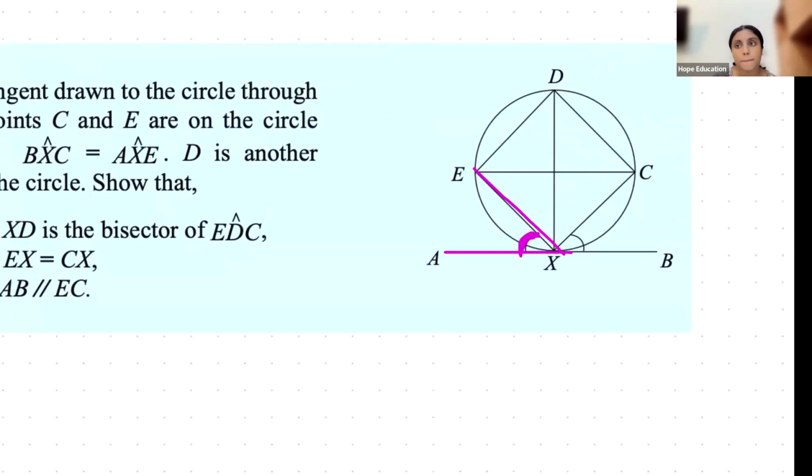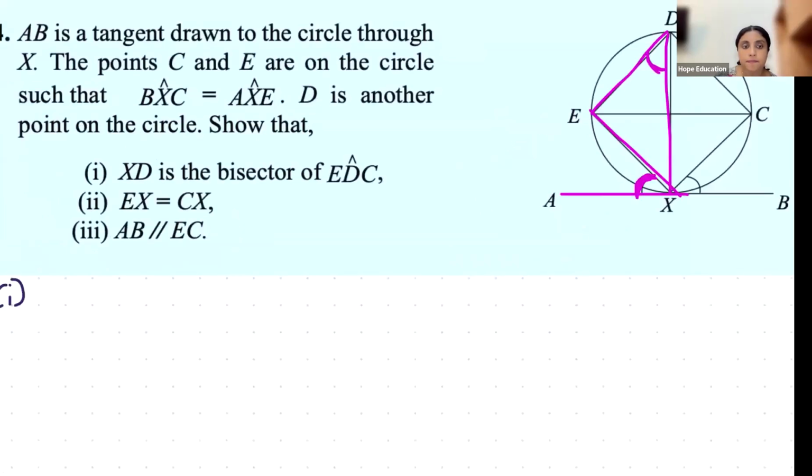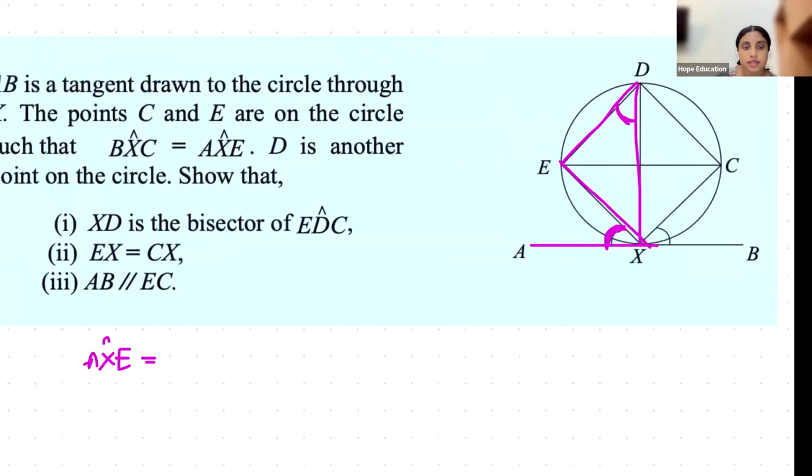Then chord දෙකෙන්ම alternate segment එකේ හැදෙන angles මොනවාද? බලන්න, EX කියන chord එකෙන්ම alternate segment එකේ හැදෙන එක angle එකක් මේක. That is this. So I can write AXE is equal to EDX.